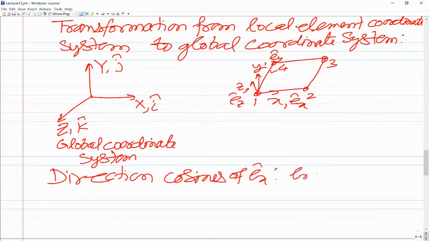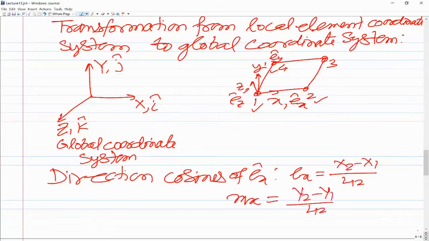So lx would be, as you know, the x axis is from node 1 to 2 of the element. So the x axis is always defined along edge 1, 2. So lx would be X2 minus X1 divided by the length of the edge L12, where L12 is the length of edge 12. Then mx would be Y2 minus Y1 divided by L12.